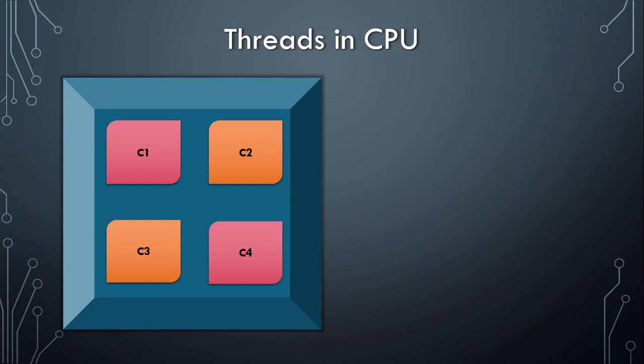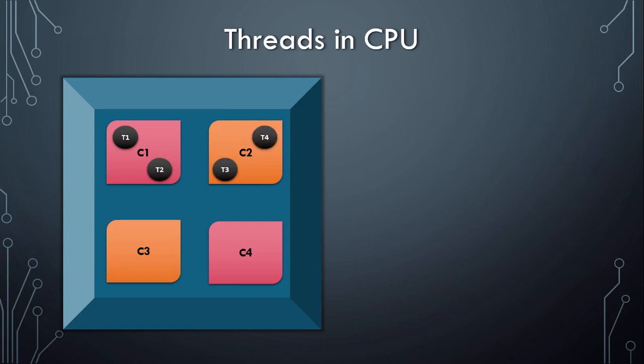So let's see. Here in this diagram we have 4 CPUs, that means 4 central processing units in a single chip. This is the design of a quad core processor. In one core itself we can have 2 threads. These 2 threads will be visible as 2 different central processing units, or CPUs, to the operating system while processing the request.